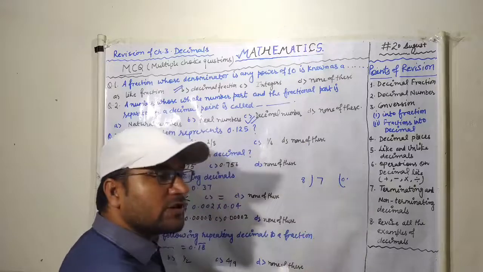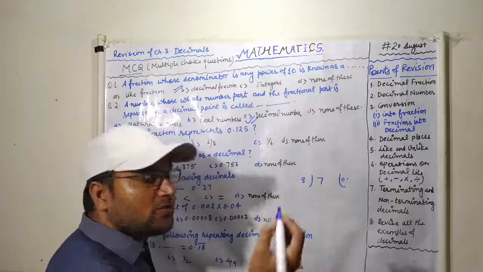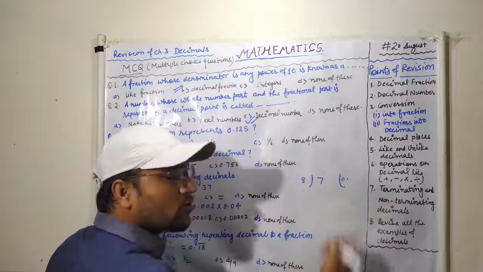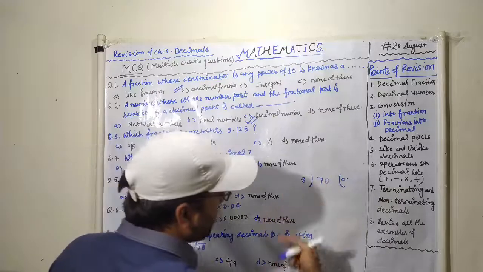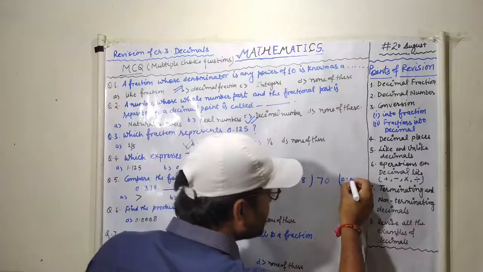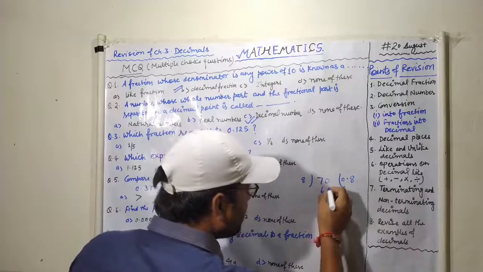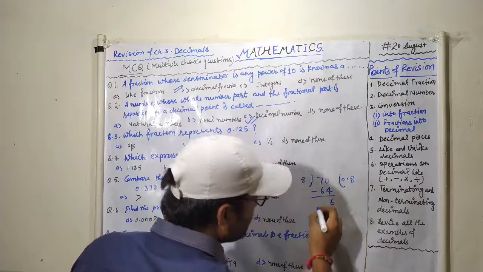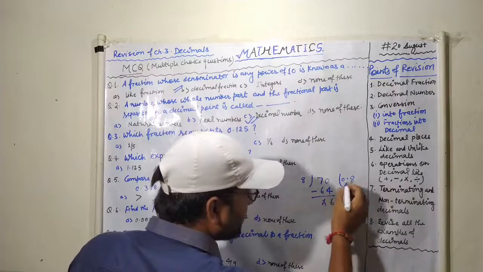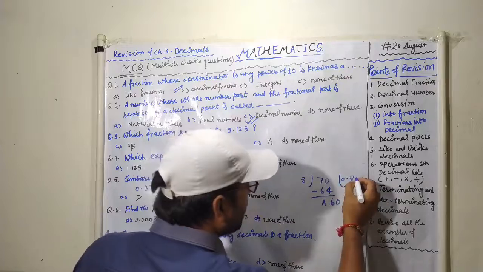So here it is 70. 8 times 8 is 64. Again 6 comes down, cancel out, then you have taken a decimal 0.